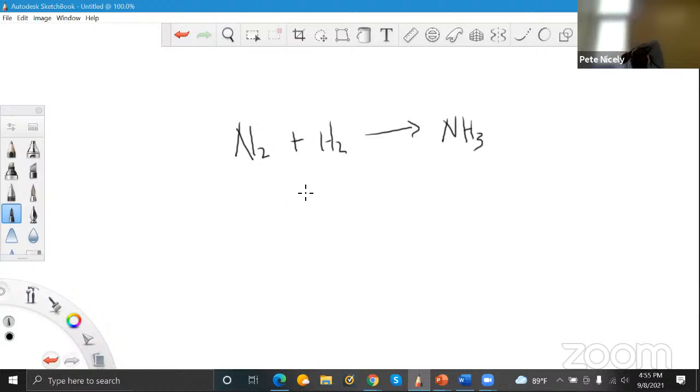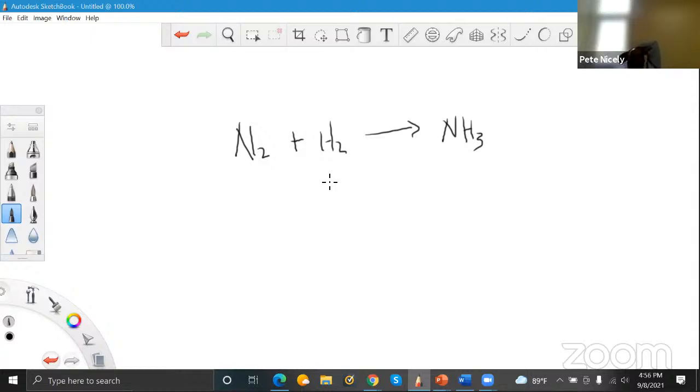So let's hear it. How would you go about balancing this equation? Anybody? Okay.